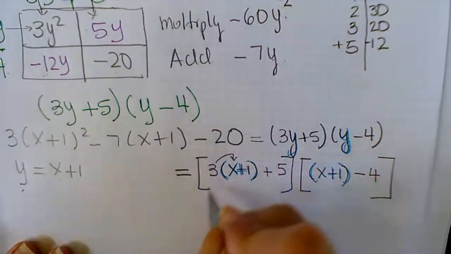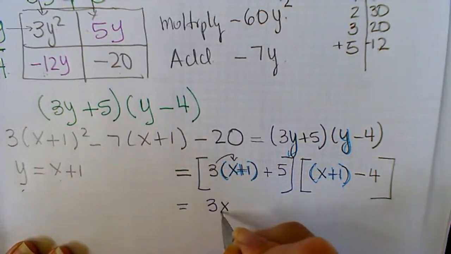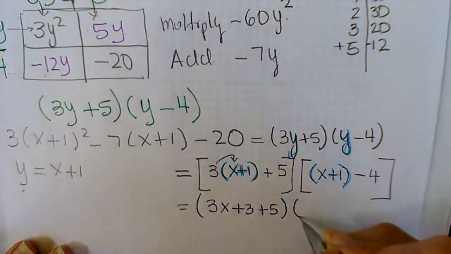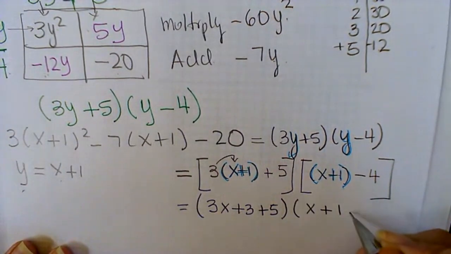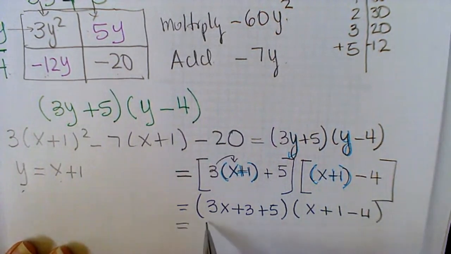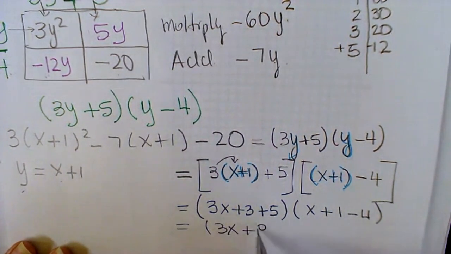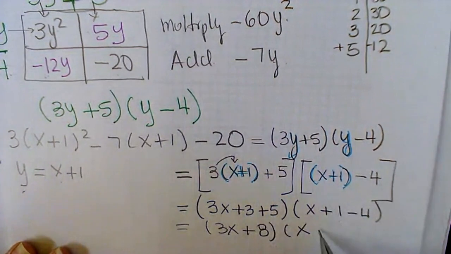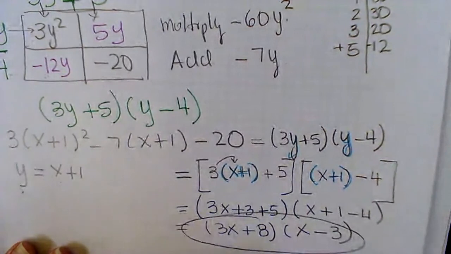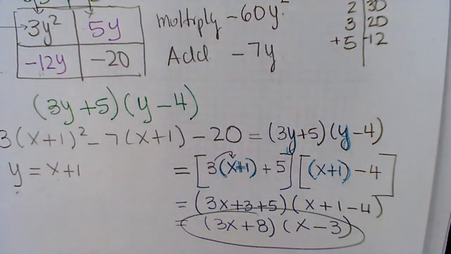Now I'm going to have to distribute the 3x plus 3 plus 5. And this one is going to be x plus 1 minus 4. So this is going to be 3x plus 8. And this is going to be x minus 3. And this is going to be the answer. So when we have to substitute, yes, it's going to be a little bit more work.